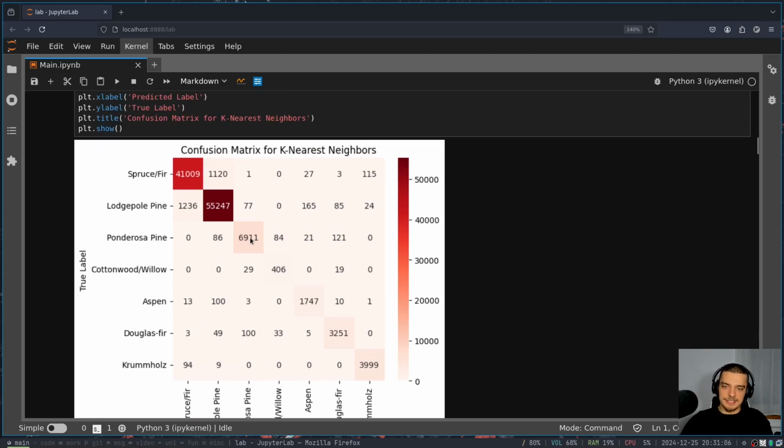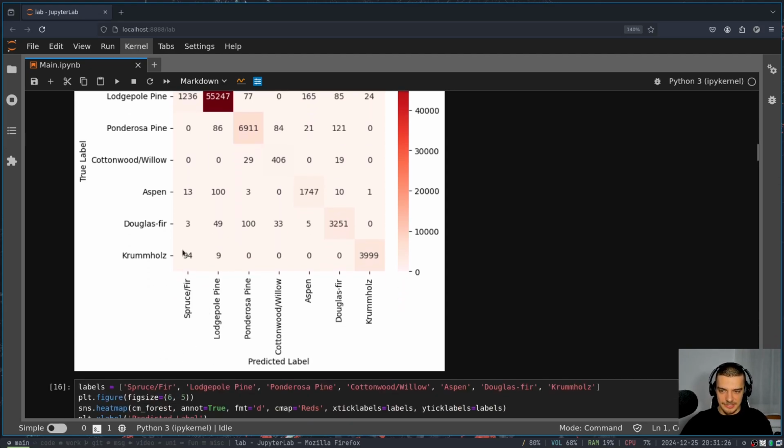Now the diagonal is not really interesting, because these are correctly classified instances. In this case spruce is classified as spruce, so it's actually correct. But you can see that you have some pretty large numbers here and there. This one is probably the most interesting one, where we actually do have a misclassification. You can see that this is oftentimes a problem.